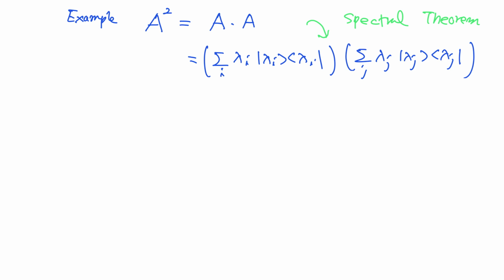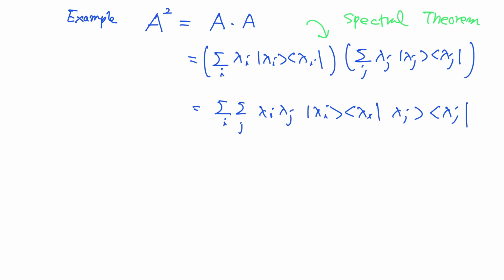Then you just sum over i and sum over j, lambda i, lambda j, right?